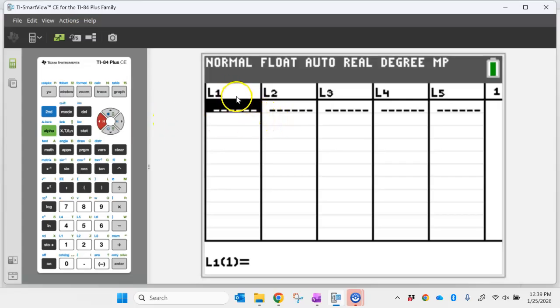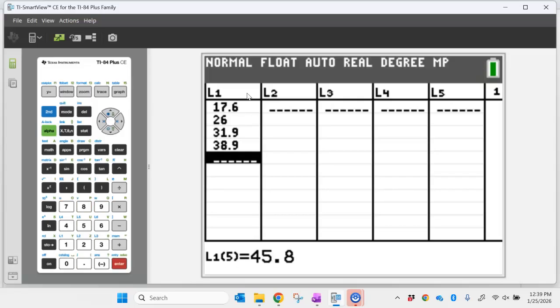In L1, you're going to go down the column, entering all of the values that you were given on the table for your X values. So 17.6, 26, 31.9, 38.9, 45.8, 51.2, so on and so forth. So I'm going to go ahead and enter all of these values in really quick.